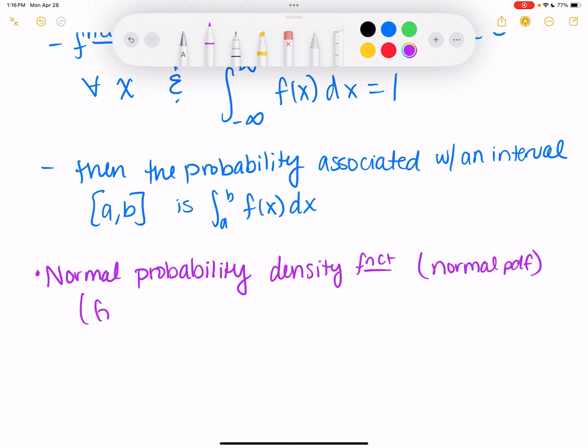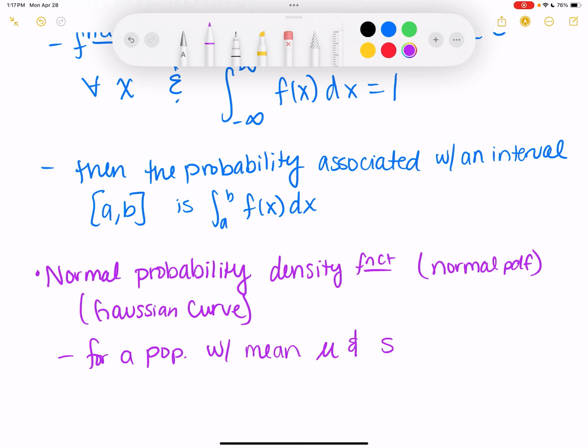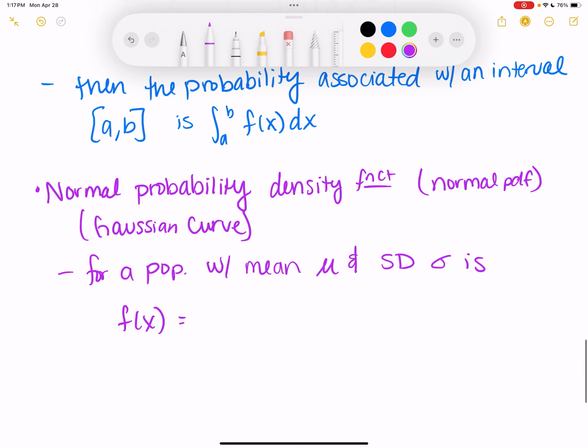Gaussian curve, for a population with mean mu and standard deviation sigma, is f of x equals 1 over sigma square root of 2 pi times e to the negative x minus mu squared over 2 sigma squared. Not gonna lie, it looks like you wrote normal Holf. It says PDF, Josh.